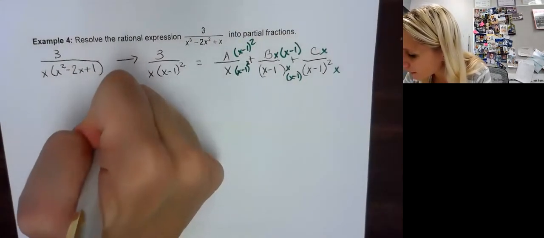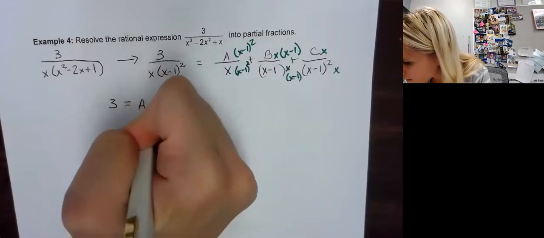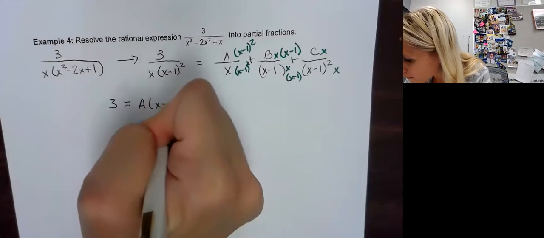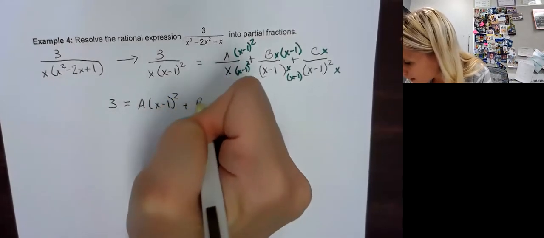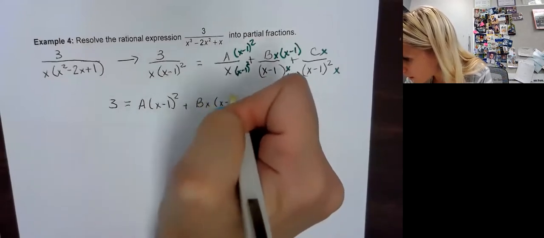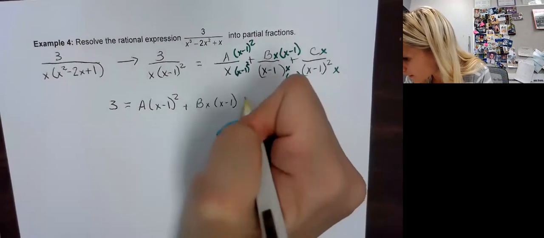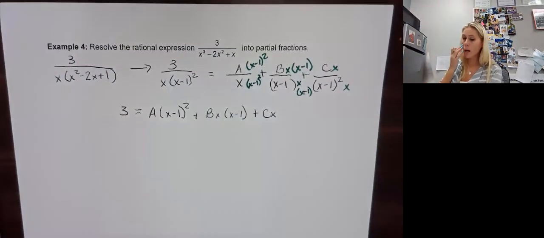We now can look at the numerators. 3 equals a times x minus 1 squared plus bx times x minus 1 and plus c times x. All right.